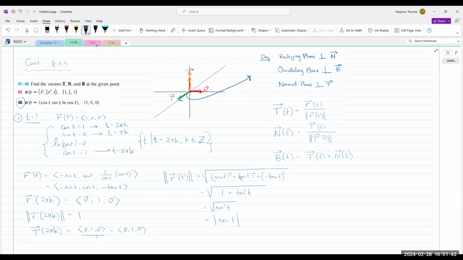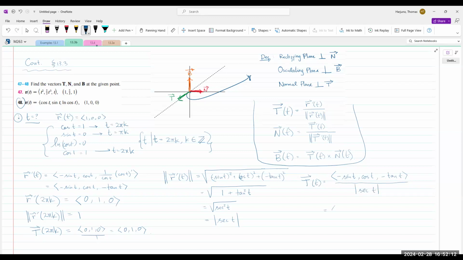So the unit tangent vector is now given by negative sine t, cosine t, negative tangent t over the absolute value of secant t.